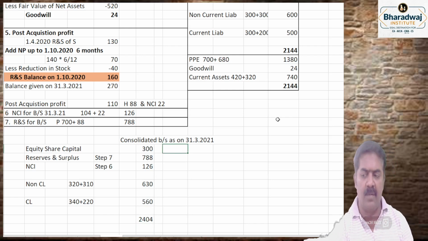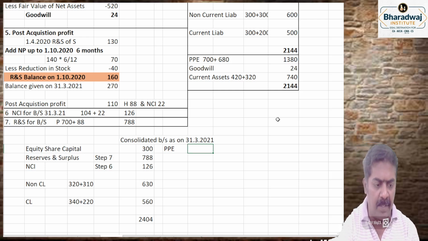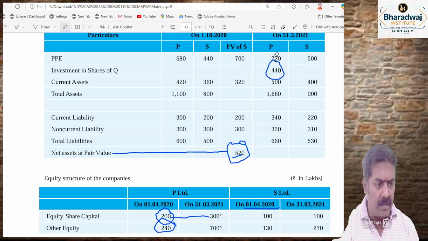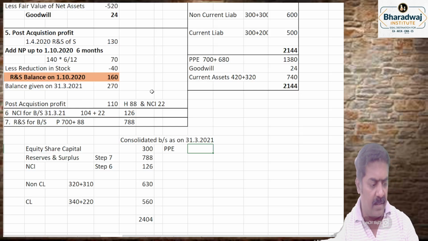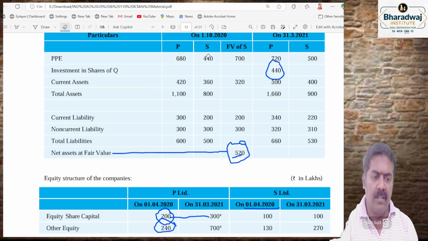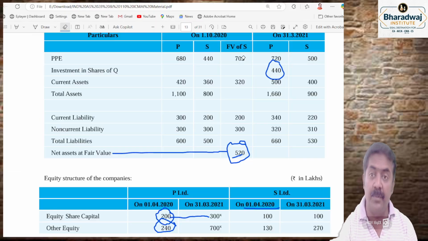Asset side, what all will come? Plant, property, equipment as per balance sheet at the end of the year, 720 plus 500 plus revaluation. Revaluation 400 to 700 it increased. 440 to 700.